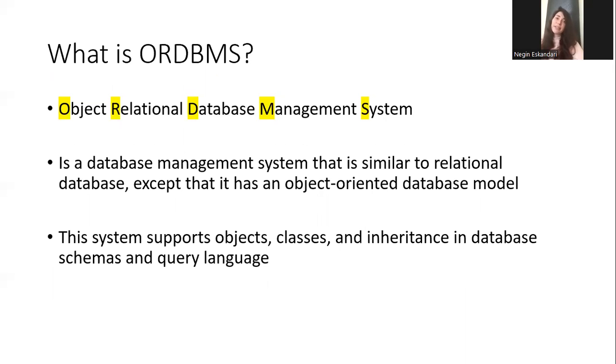As the name is clear, it's Object Relational Database Management System. What is the difference between ORDBMS and RDBMS? The difference is just this one, that ORDBMS supports object-oriented more than RDBMS. Every aspect is the same except object-oriented, that just ORDBMS has it.